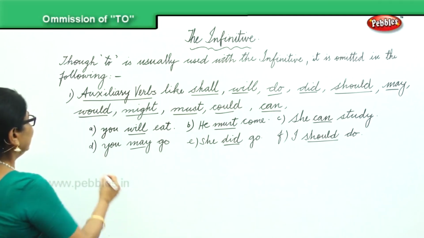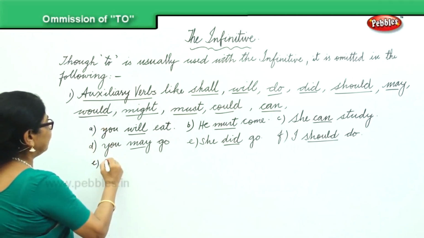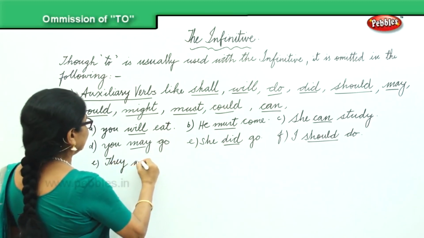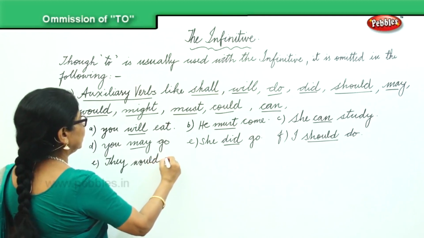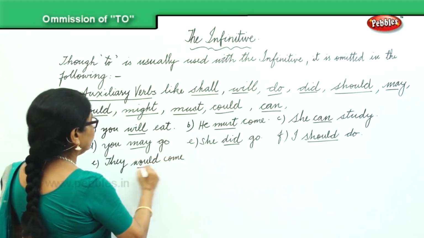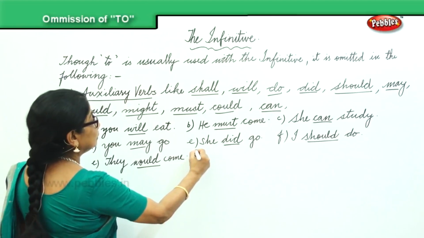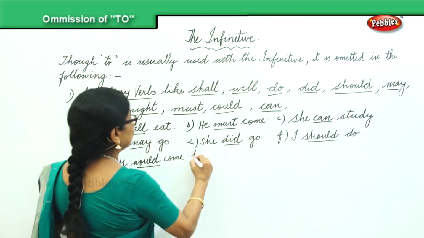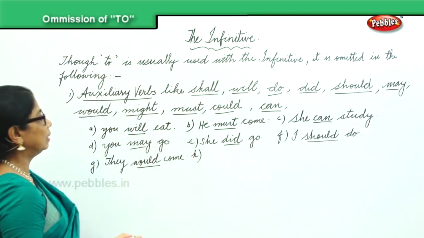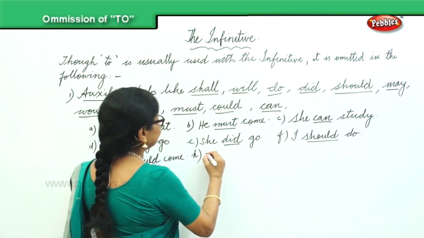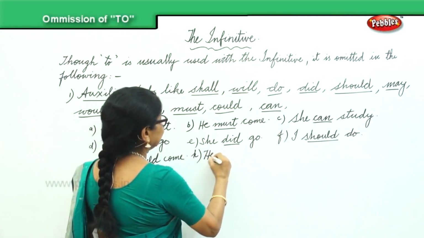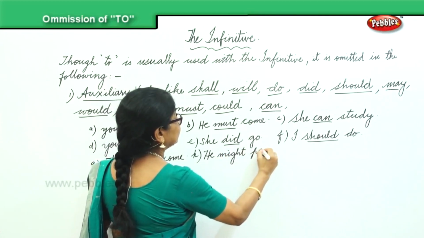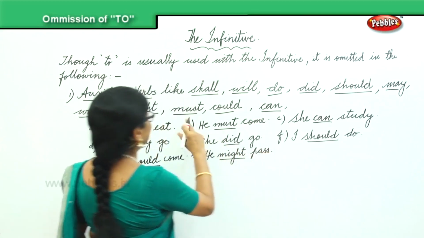Then we have would. They would come. And what are the words we have here? Might. He might pass. Okay, might.